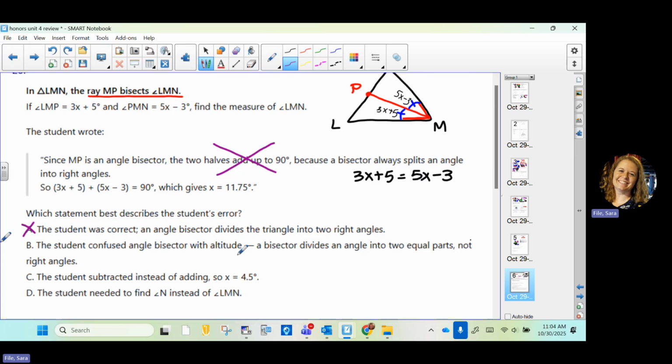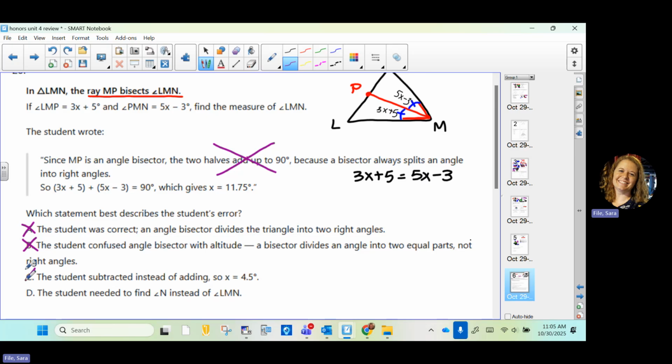It creates two right angles, but it doesn't divide the angle of the triangle into two right angles, right? Okay, so it's not dividing the vertex angle of a triangle into two equal parts. That's not true either. Okay, the student subtracted instead of adding.